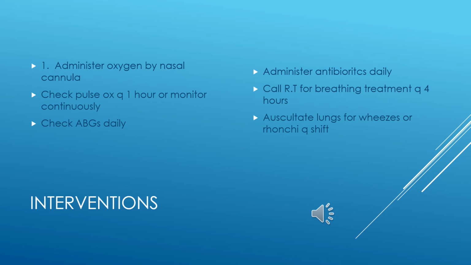These will evaluate both oxygenation and acid-base balance, and will tell us what his carbon dioxide is. It will give us information that helps guide treatment. Administering antibiotics daily, calling for breathing treatments every 4 hours, and auscultating lungs for wheezes or rhonchi every shift. All great interventions for gas exchange.